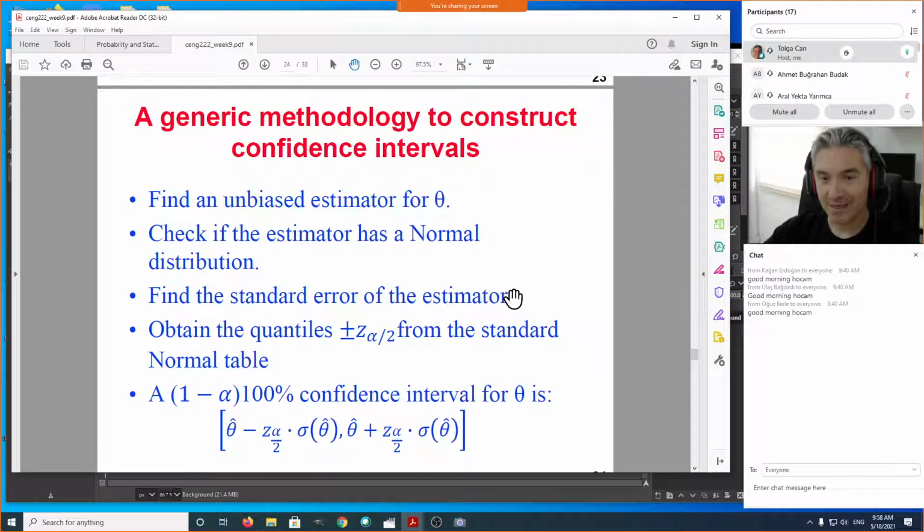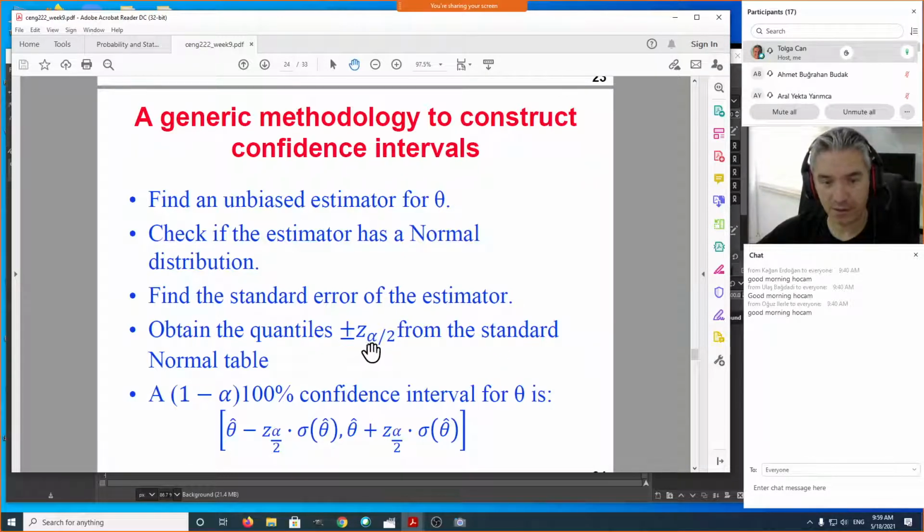If the sample size is small, we will only look at the cases where we have a normal distribution. And if we don't know the population standard deviation, in that case we will not be able to use the standard normal table, the Z table. We'll see something else for that, the student's T distribution.